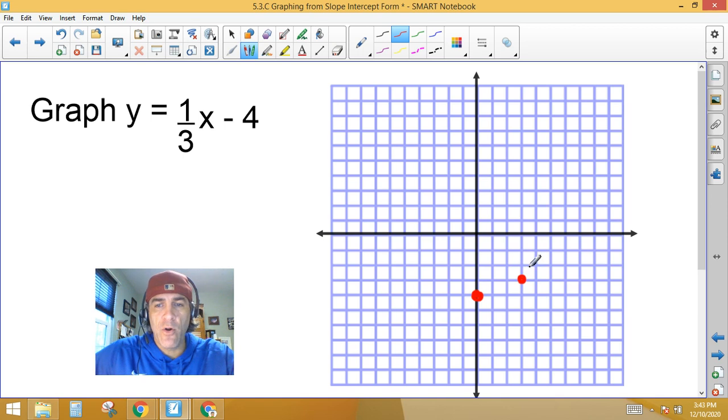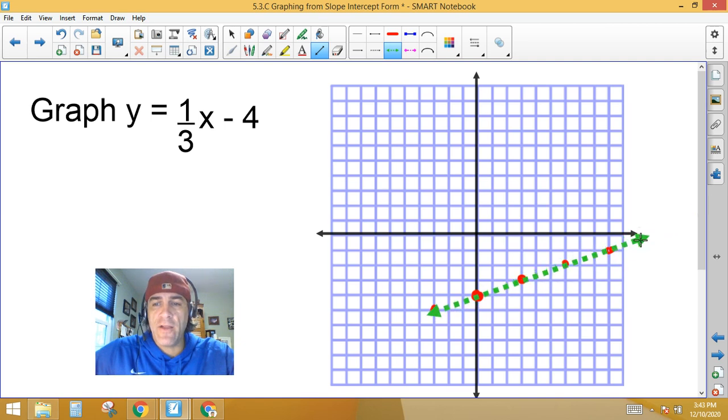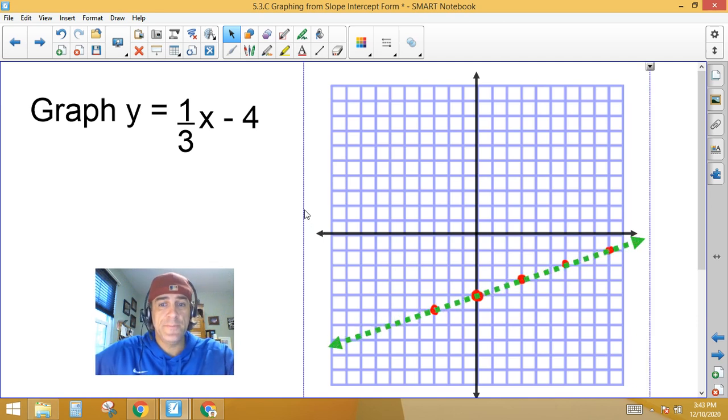Up 1 over 1, 2, 3 to the right. Up 1 over 1, 2, 3 to the right. And I could continue. Oh, I ran out of room. I could continue this way and go down 1 and left 1, 2, 3. That's definitely enough points. I'm now going to connect my points with a straight edge. I have the straight line tool. If you're going to do this by hand, always use a straight edge, please.